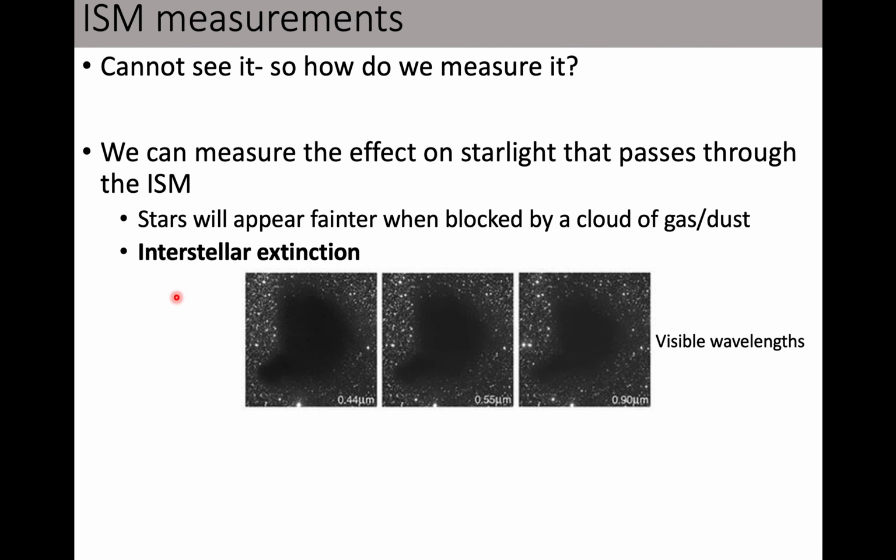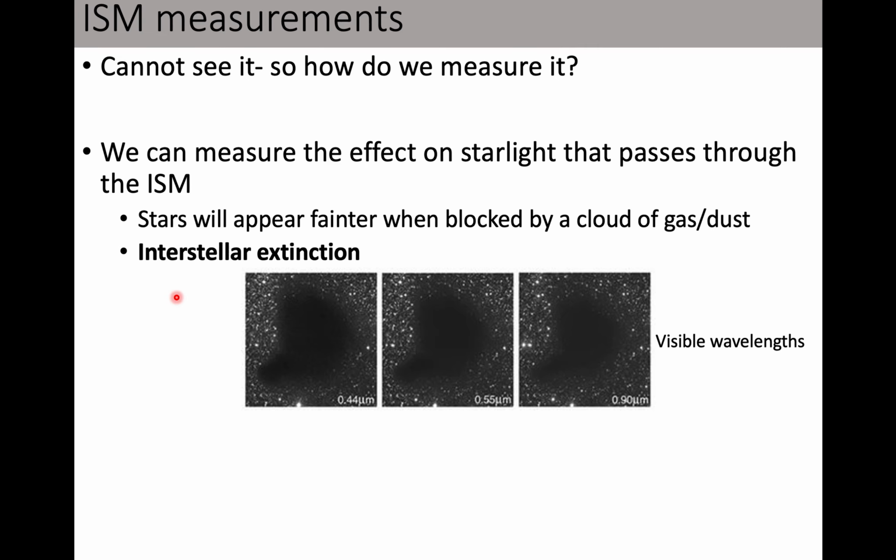So if we can't see this ISM, how do we measure it? The interstellar medium is essentially a cloud of particles in space, but we can't see it. How do we even know that it's there? How on earth do we measure it if we can't see it?